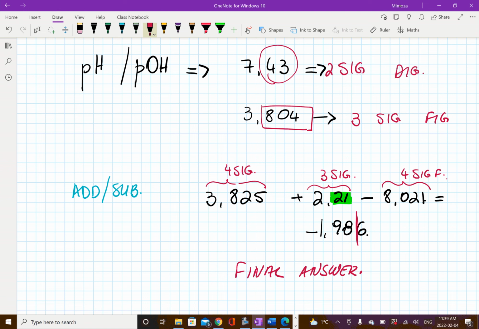However, since the digit that is left out is greater than or equal to 5, we apply the rule of rounding, and the final answer for this calculation will be negative 1.99, and whatever are the units for it.